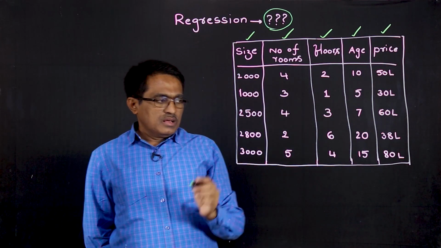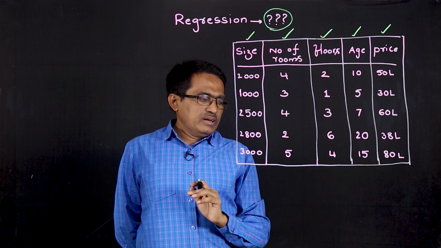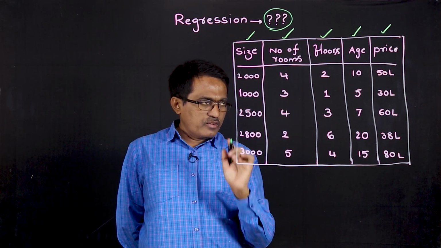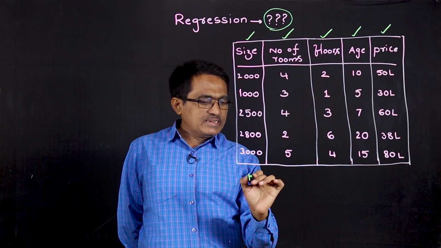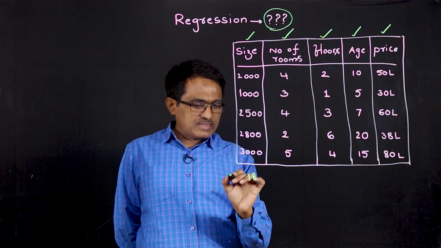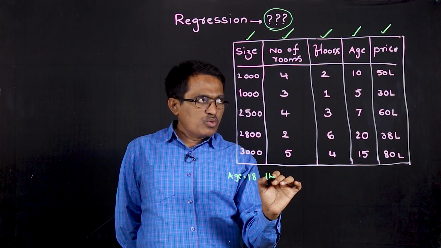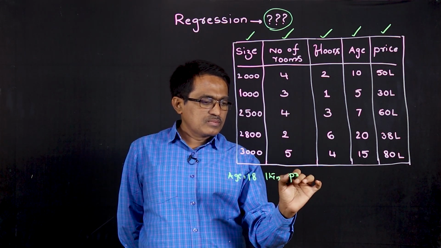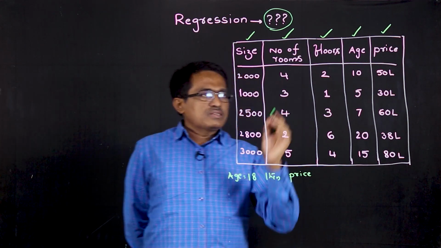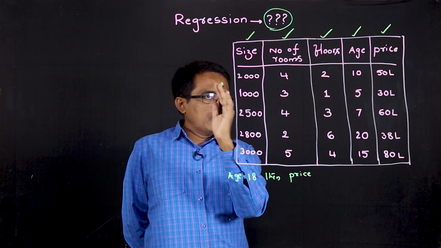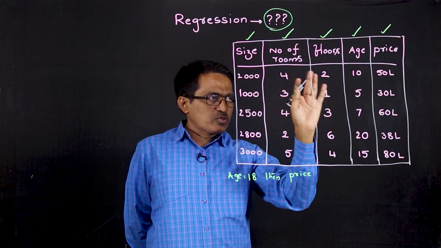Right. Now the discussion here is, suppose based on this data I want to find the price when age is 18. Suppose I want to find only this, that means I am not considering any of the other parameters given, size, number of rooms, floors.